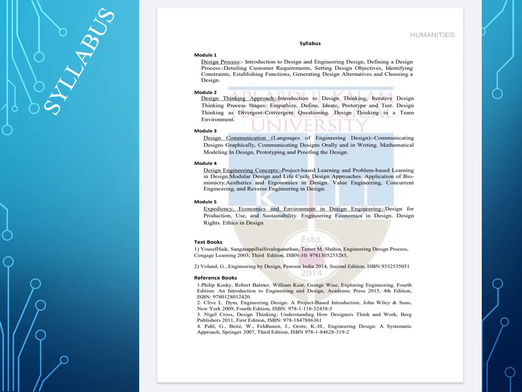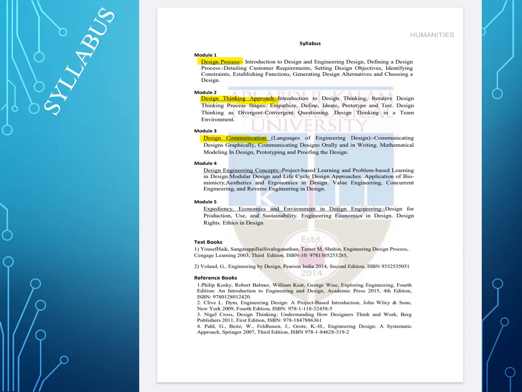Here is the syllabus for design and engineering. In design and engineering, you have 5 modules. First module includes design process. Second module includes design thinking approaches. Third module includes design communication or the languages of engineering design.